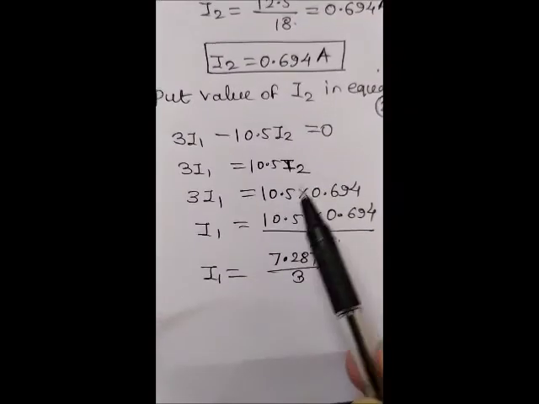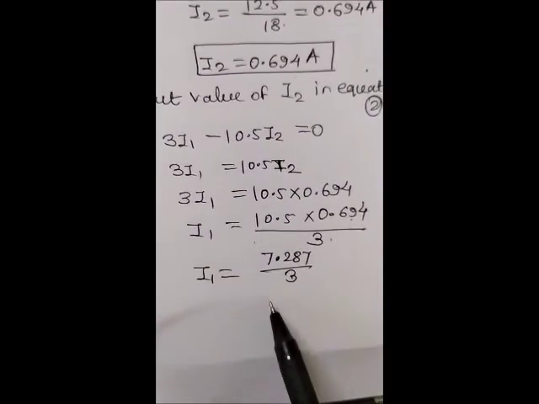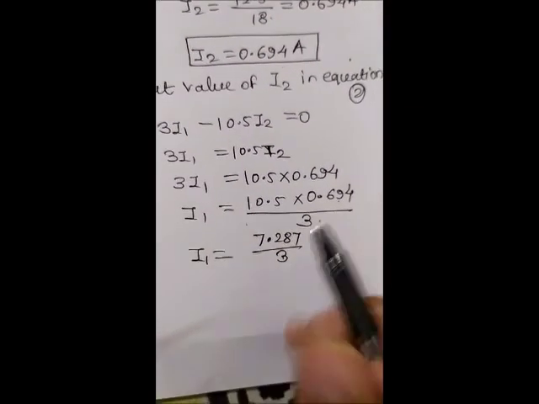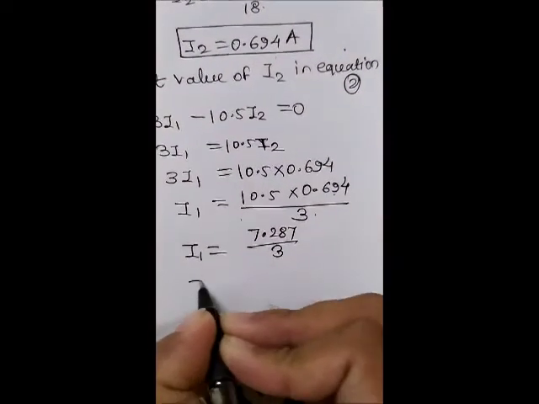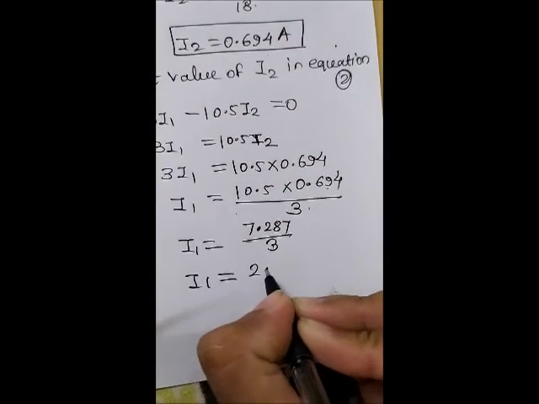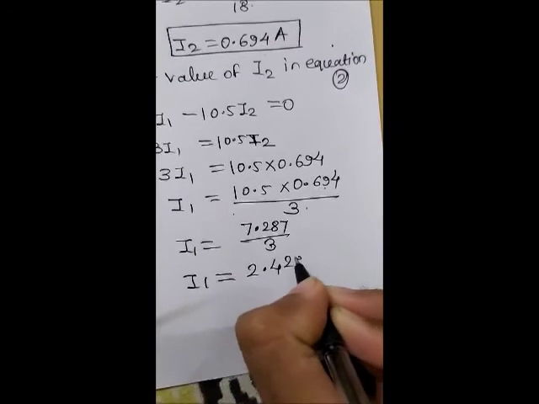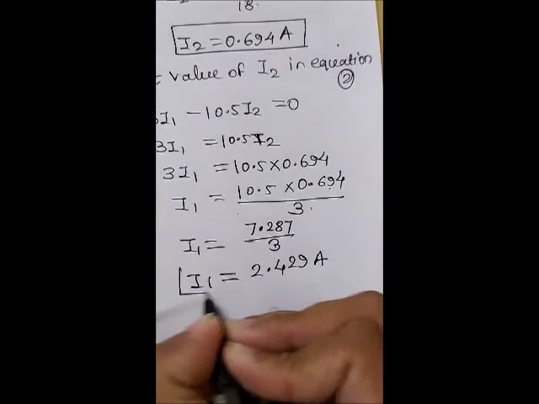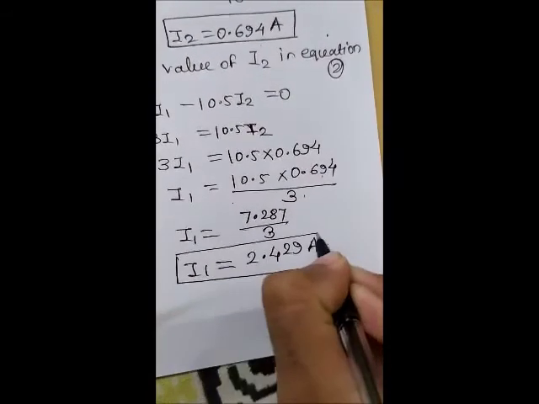The multiplication of 10.5 into 0.694 is 7.287, divided by 3. You will get the value of current I1 as 2.429 ampere. And what was our aim?